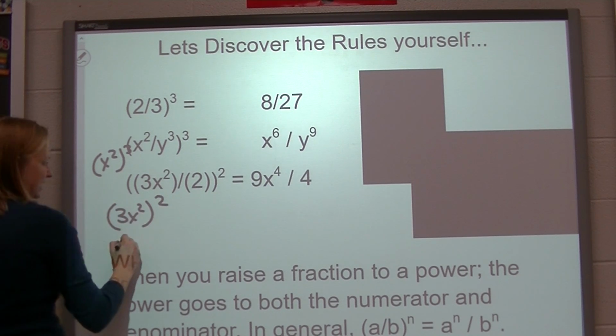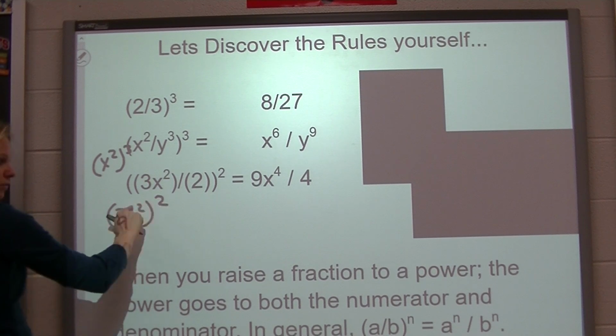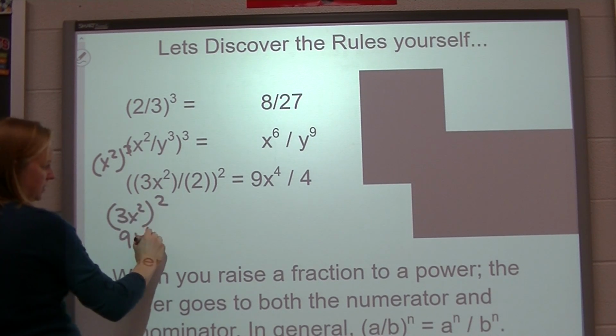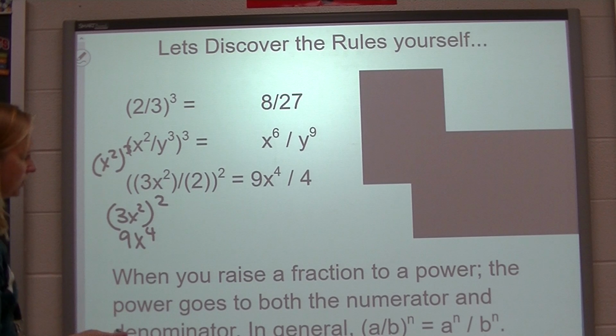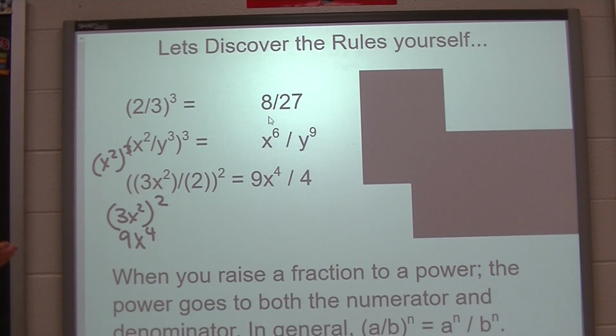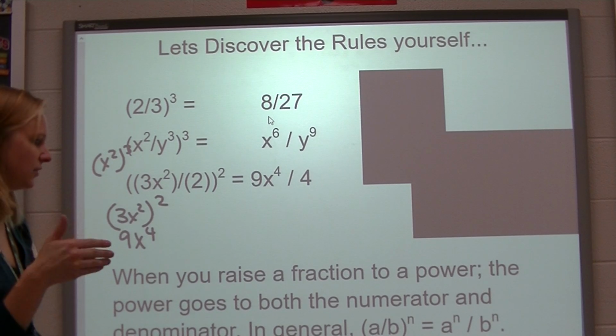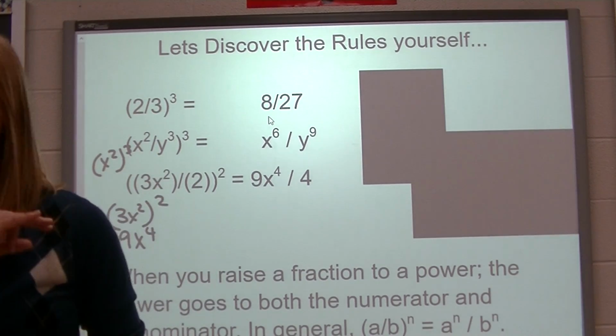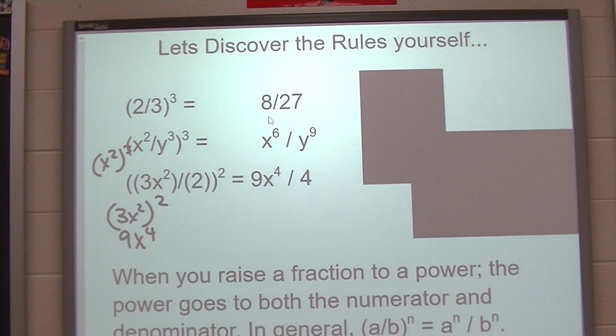So 3 squared is 9, and x squared, again, we multiply the exponents, so it's going to be x to the 4th, and then 2 squared is just 4. So in general, a divided by b, to the n, is equal to a to the n divided by b to the n. So those are all 7 properties that you're going to use and have to know for what we're going to do in class here.